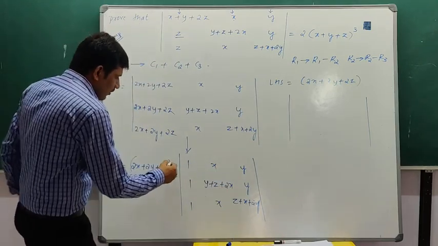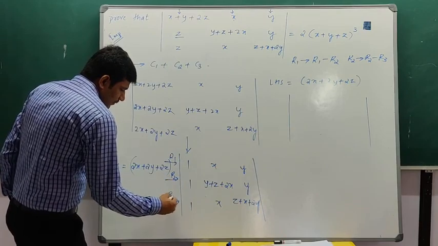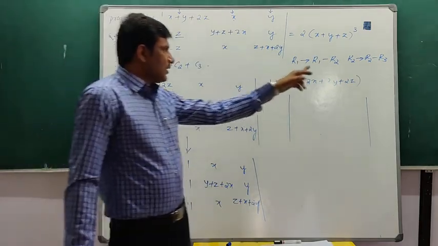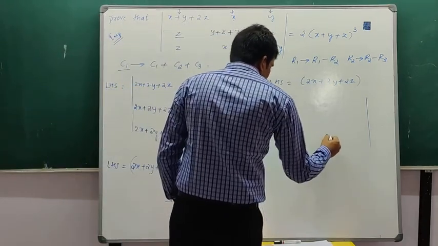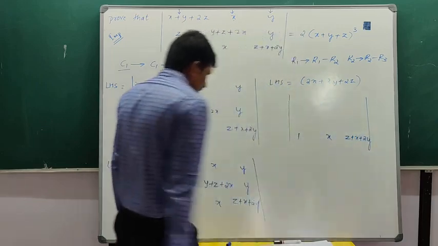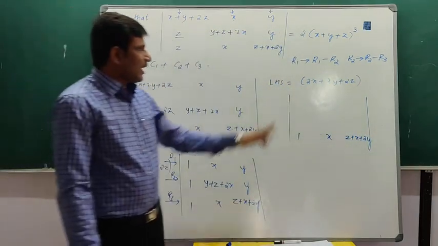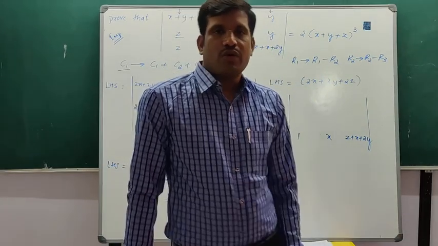So now this is R1, this is R2, and this is R3. We are not changing R3, so write R3 as it is. What is R3? It is 1, x, then z plus x plus 2y. We are changing only R1 and R2, that is the first row and second row.